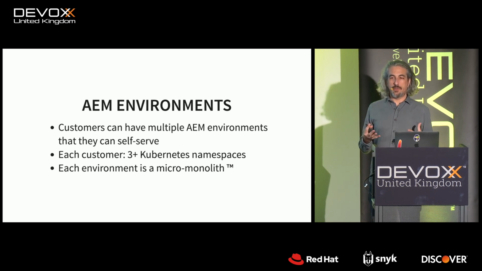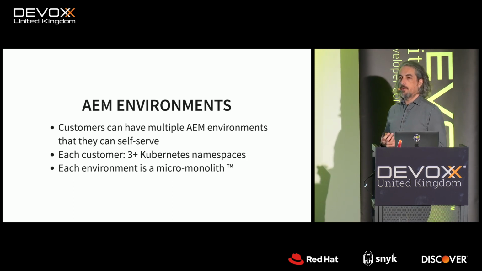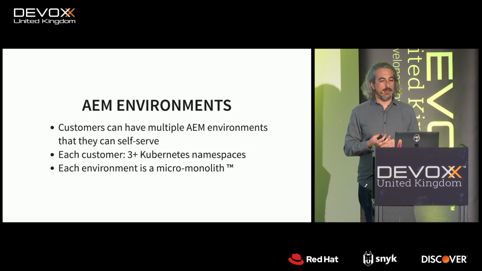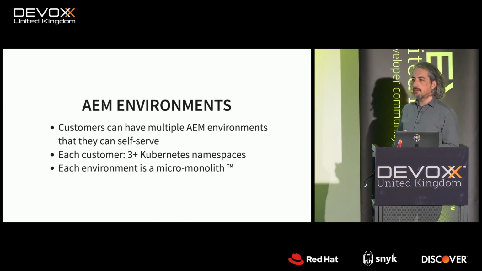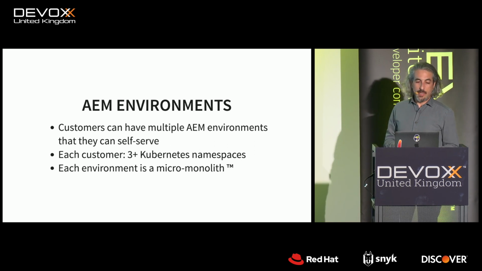On AEM, we have this concept called AEM environments, and customers can have multiple ones, and they can self-serve. So we have now, I think, 17,000 environments, and customers can create new ones whenever they want. And this translates to Kubernetes namespaces.